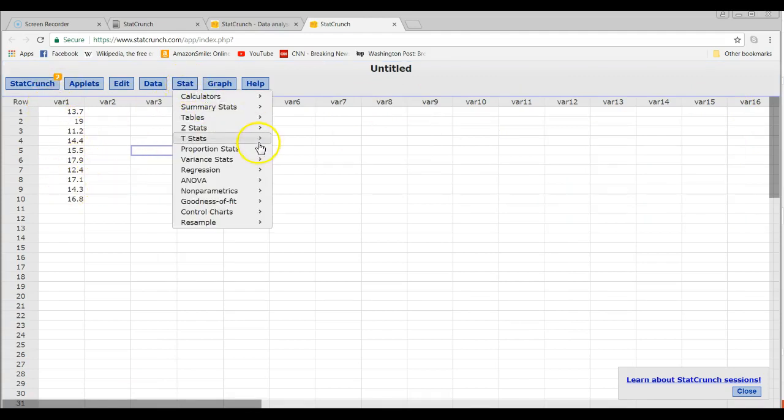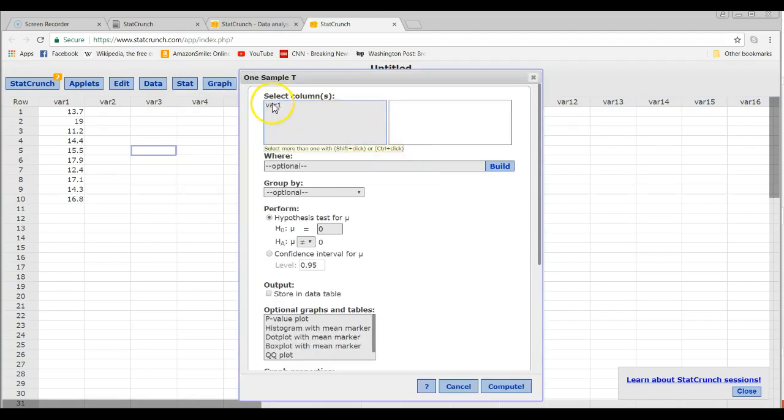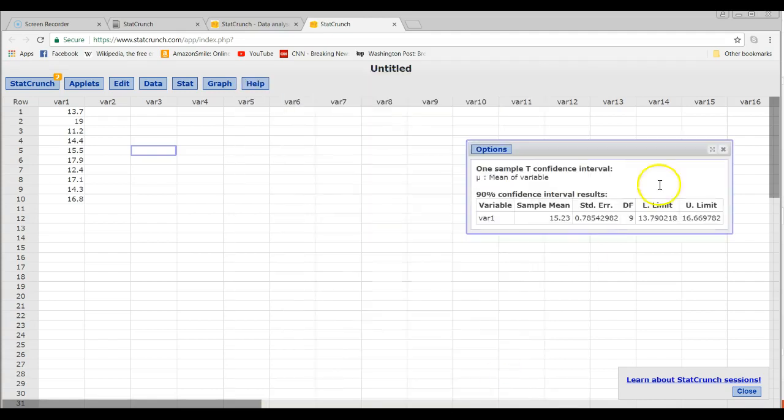So we're going to t-stats, one sample, this time with data. We pick our variable, and we get a confidence interval. This one was a 90%, so change that to 90%, and click compute, and that's our confidence interval.